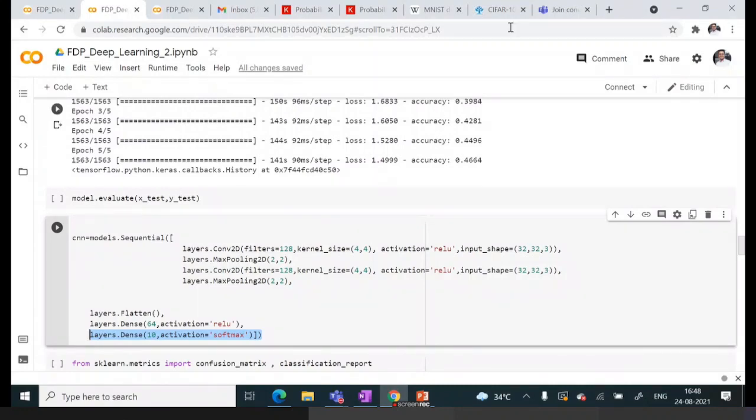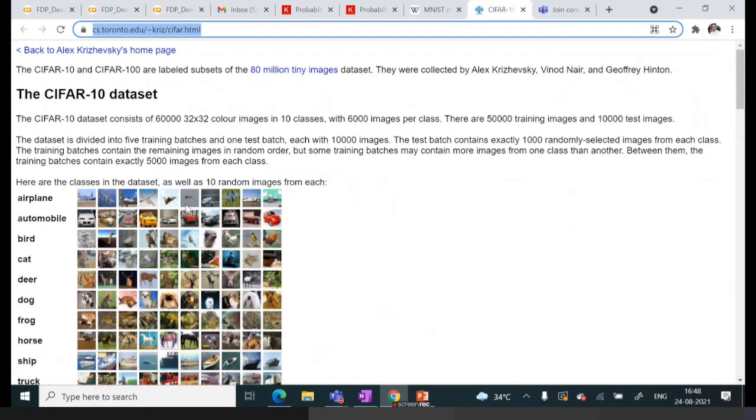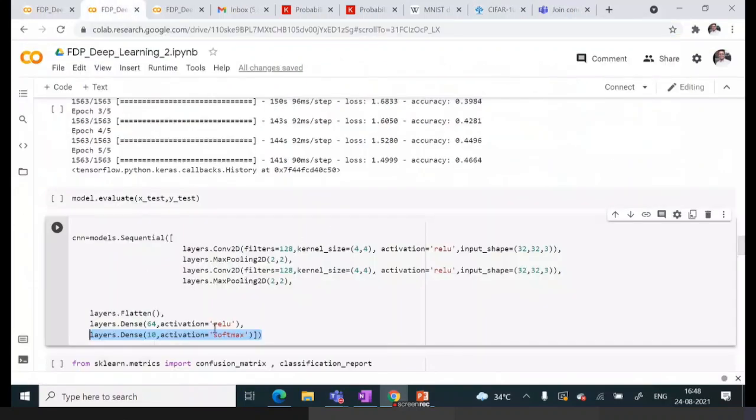I'm talking about the same problem, CIFAR-10, with 10 classes, namely airplane, automobile, bird, cat, deer, dog, frog, horse, ship, and truck. This we already know, so we are not going to revisit it.